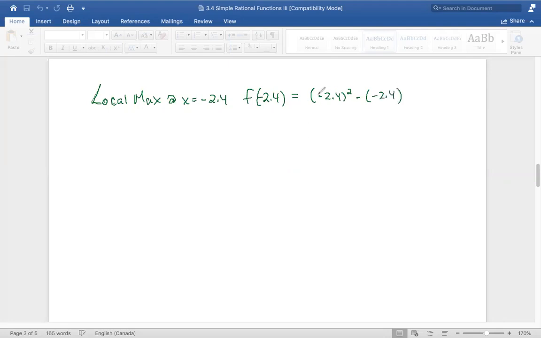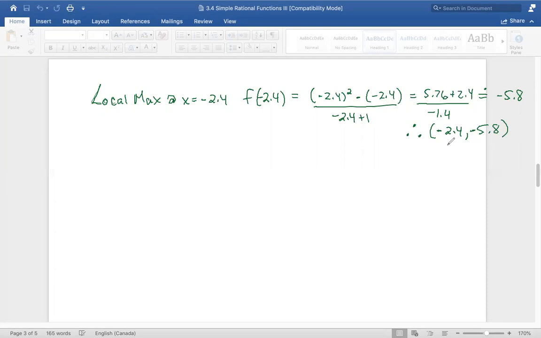So be careful with all those negatives. Negative squared minus another negative, all over x plus 1, so -2.4 plus 1. So I have here 5.76 plus 2.4 all over -1.4. So that gives me a value of approximately -5.8. Hopefully you match me there. So therefore I have a local maximum at an x value of -2.4 and a y value of -5.8.